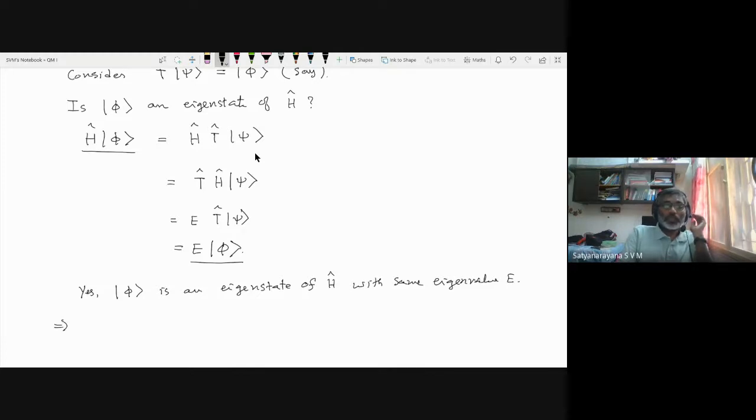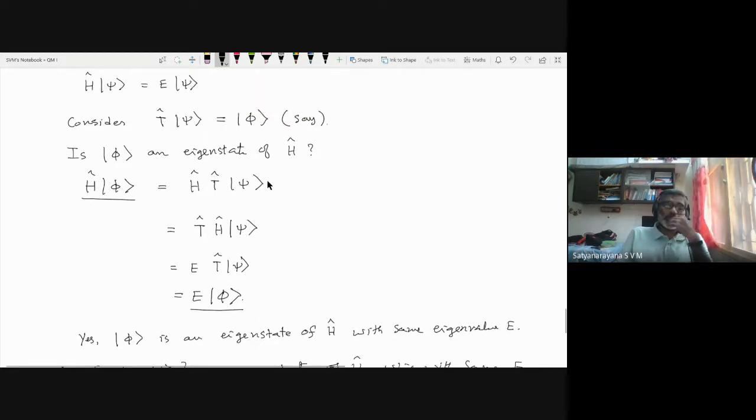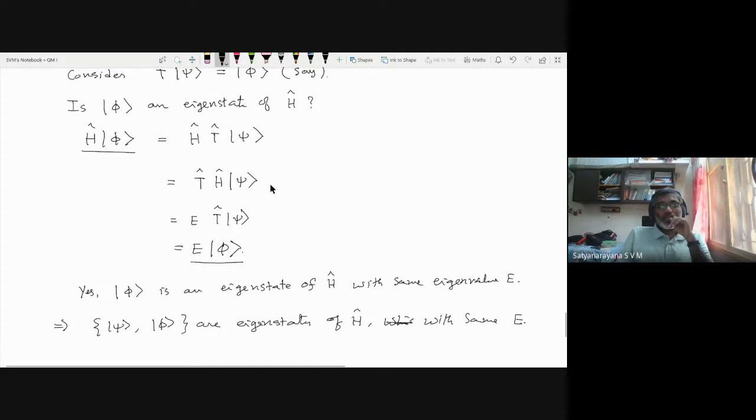What does that mean? That implies both these states, psi and phi, are eigenstates of H with the same E. That means E is degenerate. So existence of an invariance property or existence of some symmetry is related to the degeneracy.